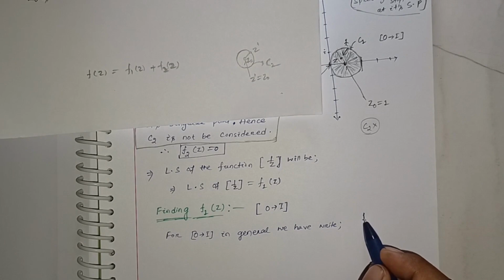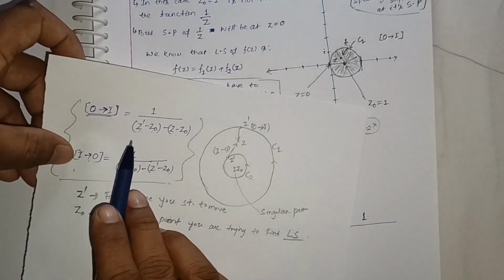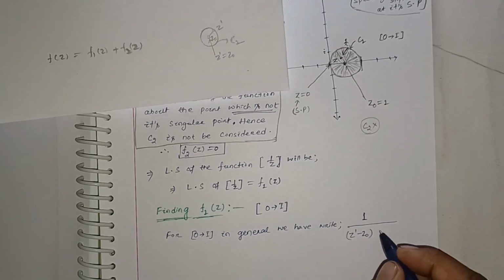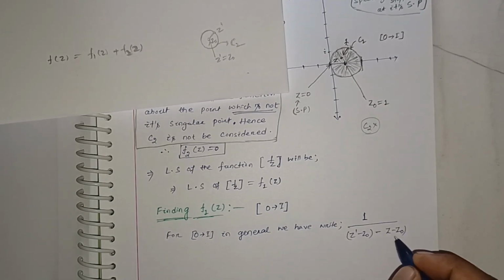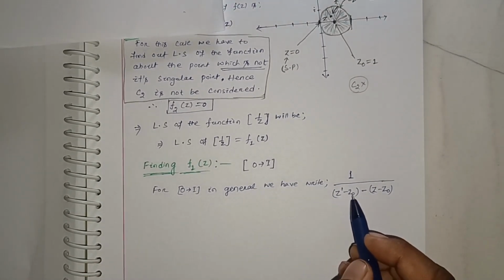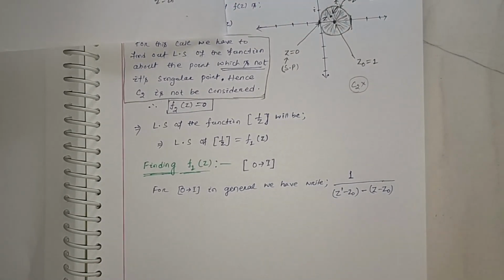We have to write it in this format: z dash minus z0, over z dash minus z0 minus z minus z0. Now our work is to identify which one is z0 and which one is z dash, then our work will be over.